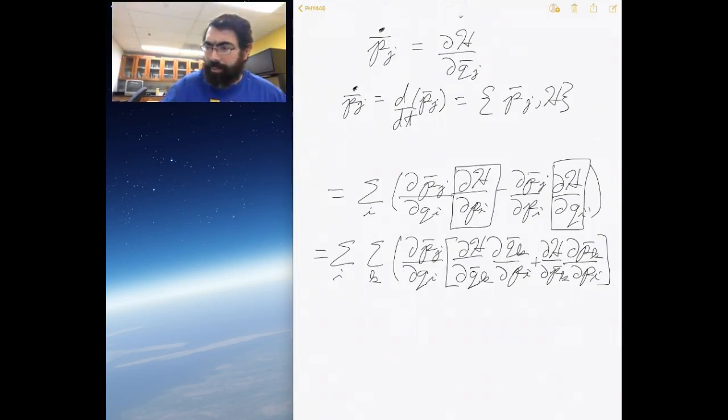Okay, so let's do that for the other derivative of the Hamiltonian.